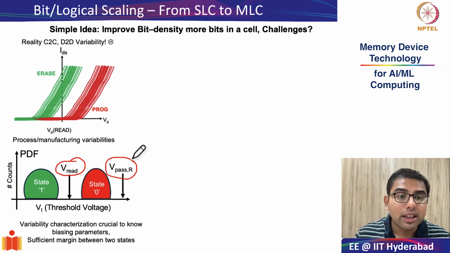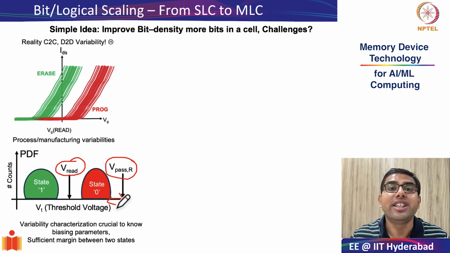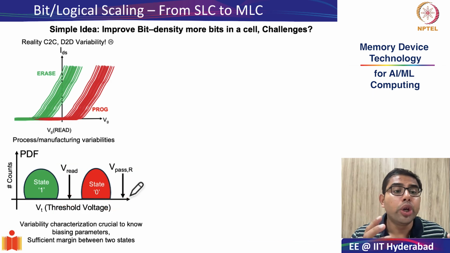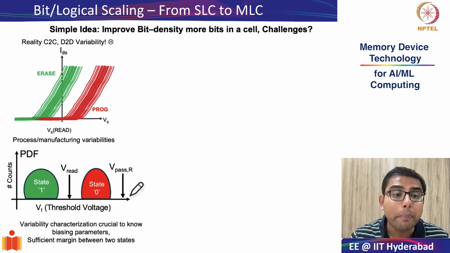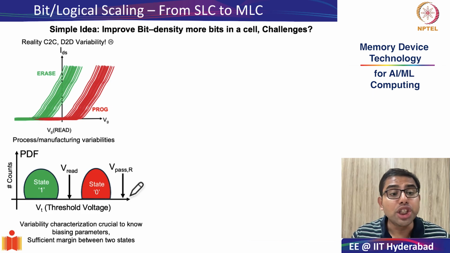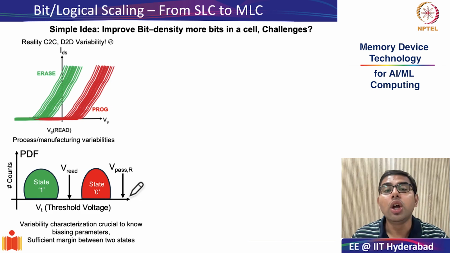So that's why the pass voltage is kept with a sufficient margin from the highest threshold value of state 0. The point I'm trying to make is that variability characterization is very important to decide the biasing conditions to ensure sufficient margin between the two states.